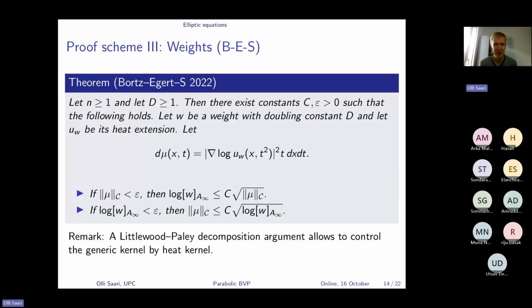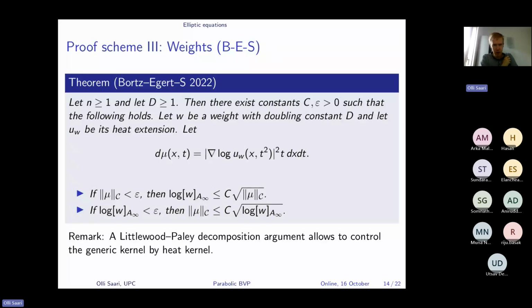And because it's our contribution, I discuss it slightly more in detail. When we fix the dimension and a constant, which will be the doubling constant, then there exist constants c and epsilon so that the following holds. If we take a weight function with doubling constant t, and we let u be its heat extension to the upper half space, then we define a measure mu with the following formula.